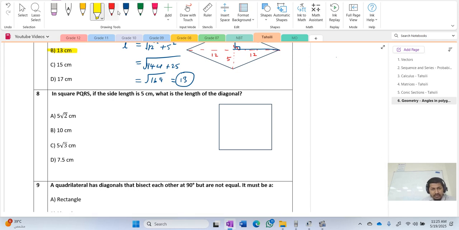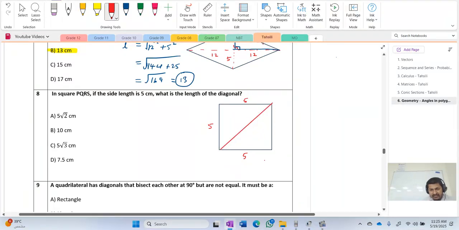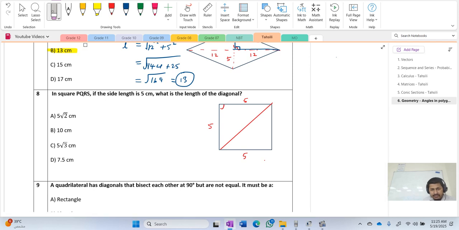So the diagonal will become the square root of 5 squared plus 5 squared, so 25 plus 25, which, using Pythagoras, is the square root of 50. The square root of 50 is the square root of 25 times 2, because 50 is 25 times 2. The square root of 25 is 5, and the square root of 2 is root 2. So 5 root 2.